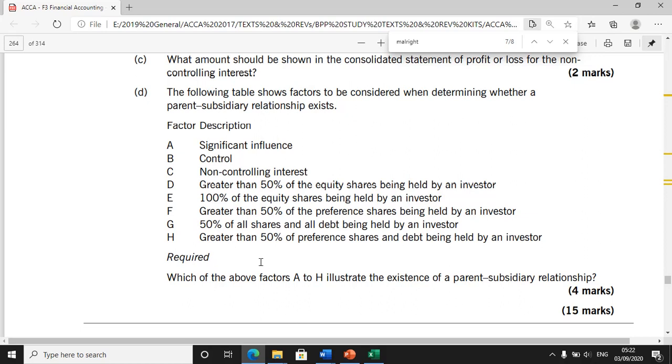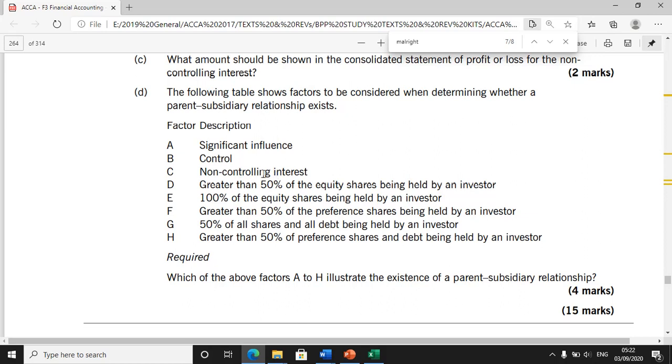Then H says greater than 50% of preference shares and debt being held by an investor. I think this one is not in. We don't count that one. So I'm going to go for the following. B, we get non-controlling interest, of course with a pinch of salt.